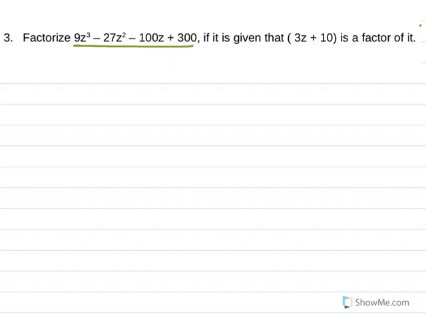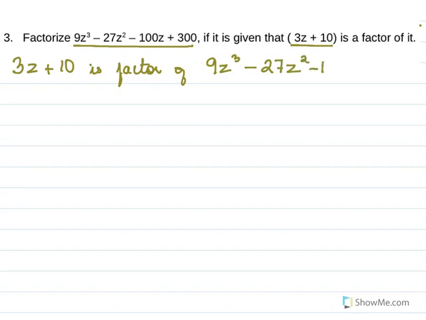Factorize the polynomial. It is given 3z plus 10 is a factor. So 3z plus 10 is a factor of 9z cube minus 27z square minus 100z plus 300. To find the other factor, we need to divide.